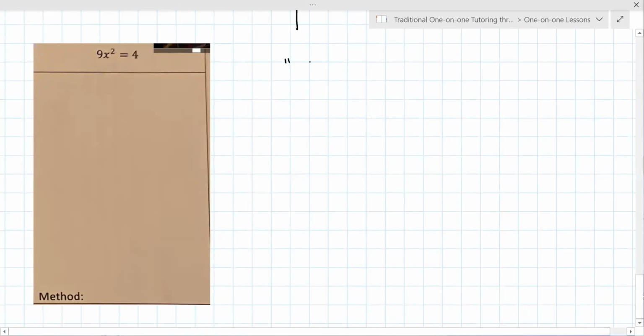And the method we're going to use here is the square root property. You already have that written down. Yeah, the square root property, it's extracting roots. Extract the roots, yes. It's an odd way of putting it, but it's exactly right.